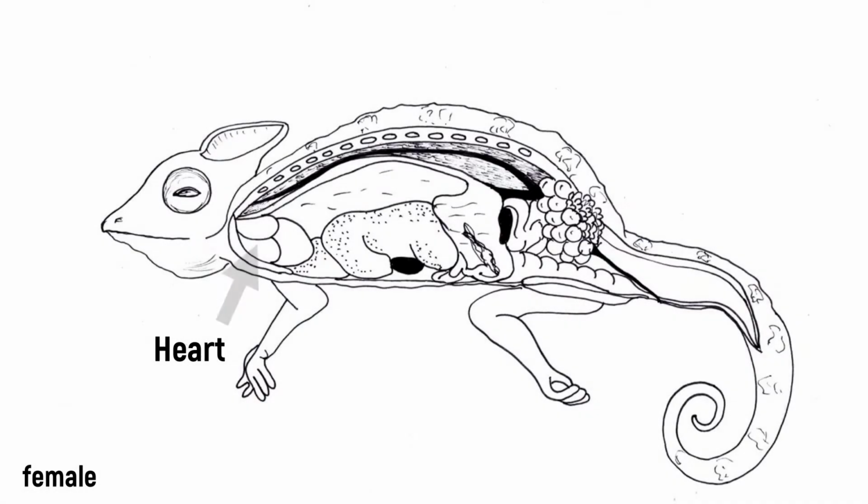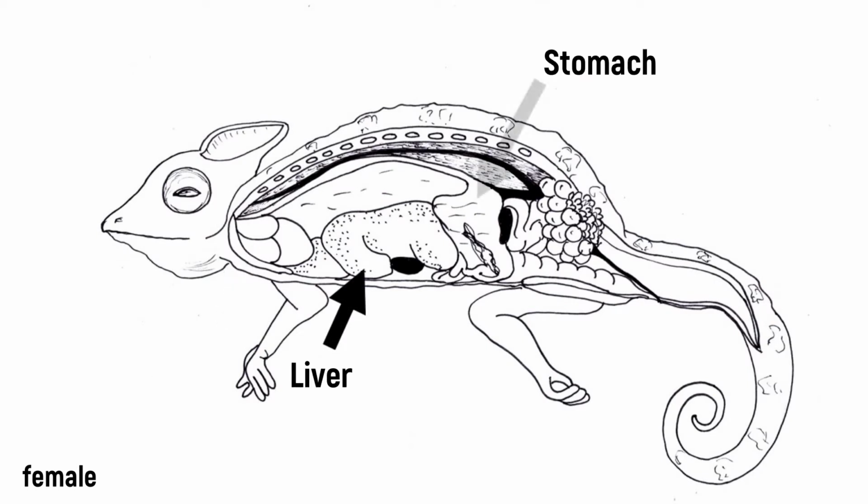The heart lies far forward in the body. The stomach is large and distensible, able to cope with large, mostly unprocessed prey items.